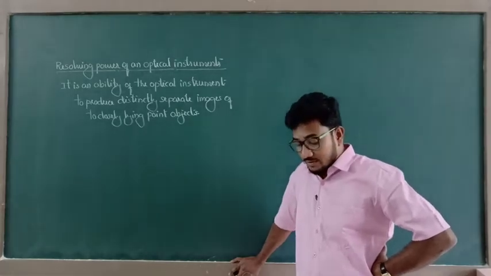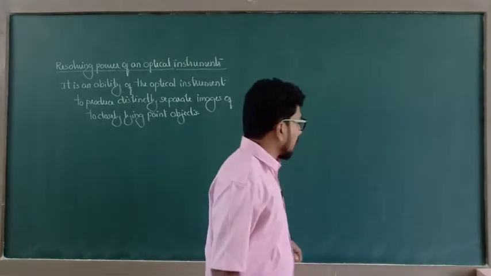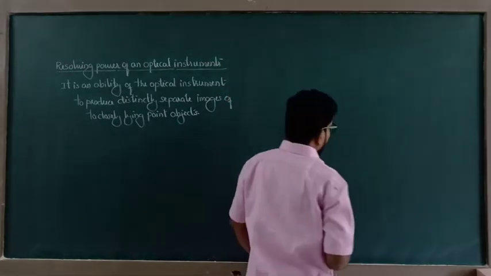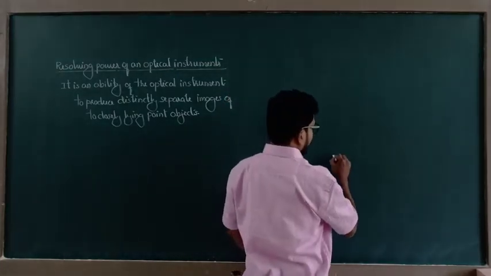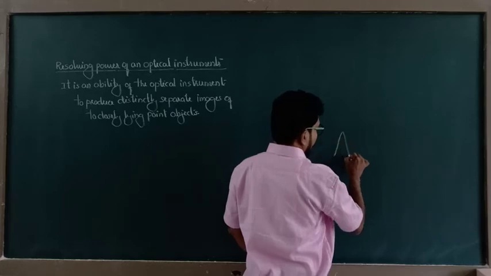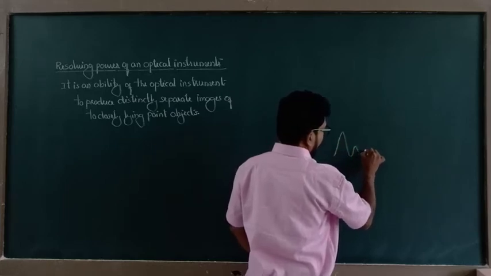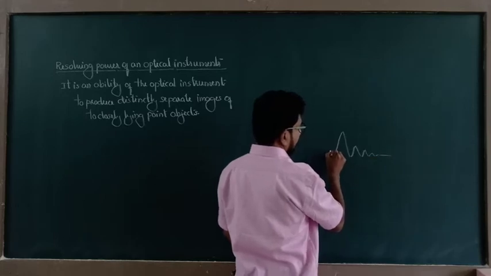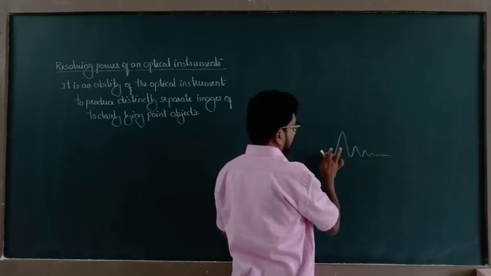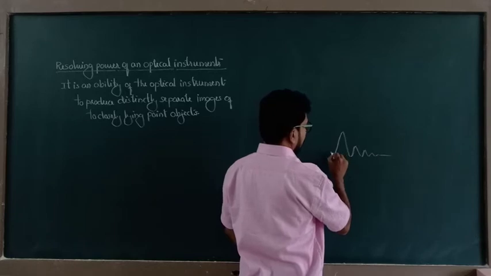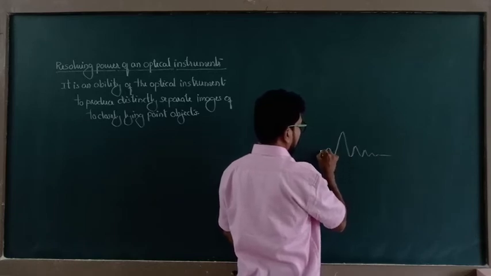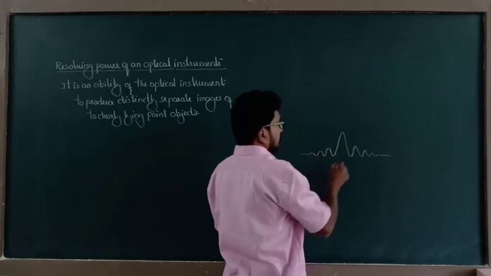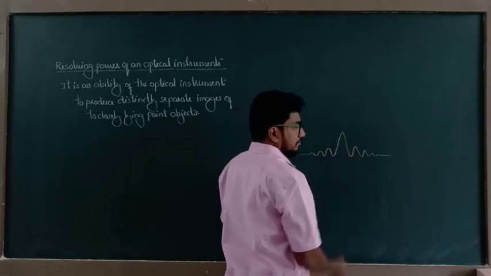That means the image of a point object contains a diffraction pattern like this. This is the central bright maximum.